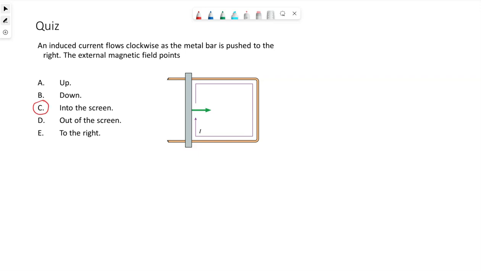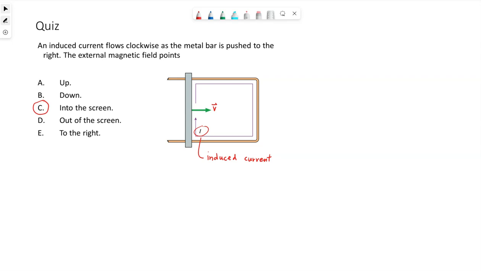Now this takes a couple of thought processes. This current that is drawn in the picture is our induced current. It's flowing because of the motional EMF. So we have our conductor being pushed to the right, this metal bar.